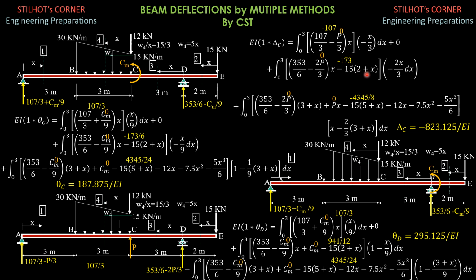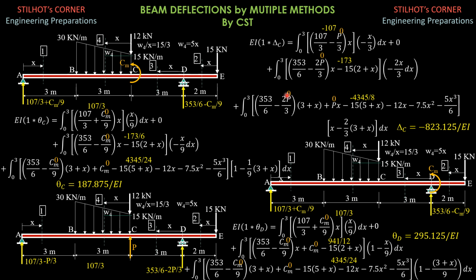Then the derivative of this equation with respect to P is negative 2/3 x, setting P equals 0, integrating, it is negative 173. Then at section 4, we have integral 0 to 3 of quantity 353 over 6 minus 2/3 P times 3 plus x, then plus P times x, then minus 15 quantity 5 plus x, minus 12x minus 7.5 x squared, minus 5x cubed over 6.